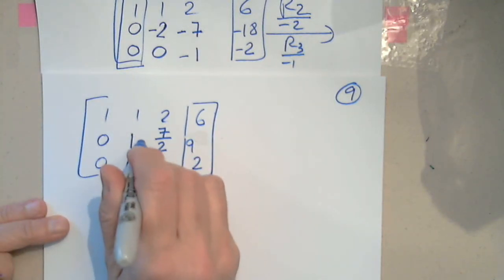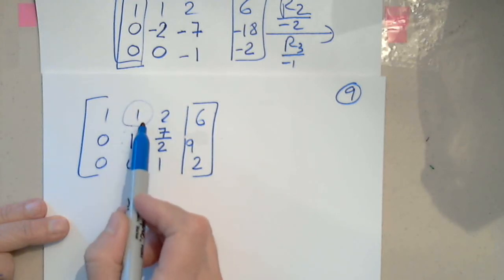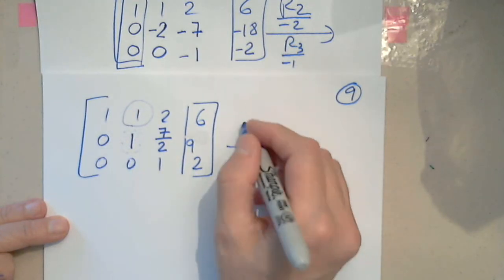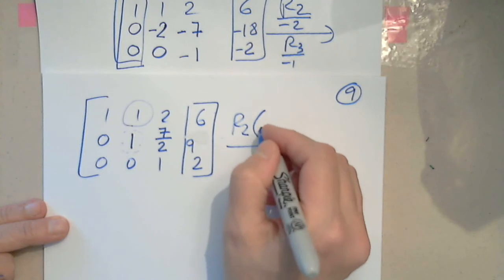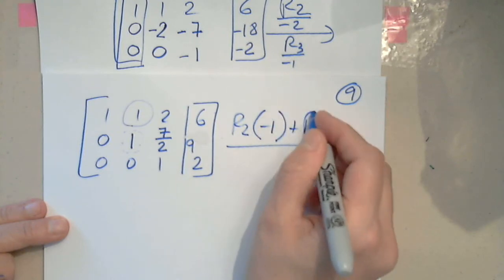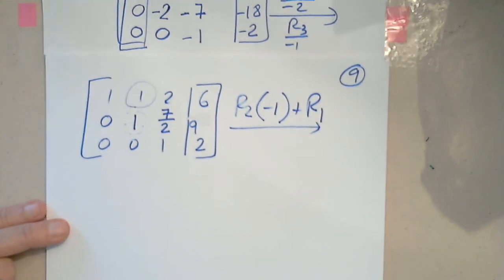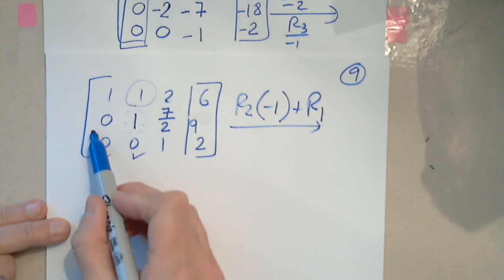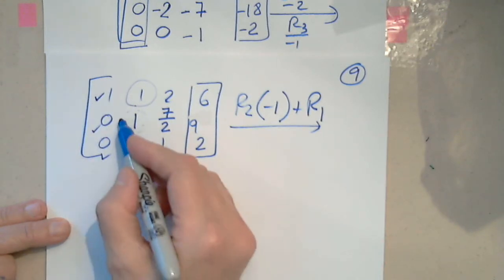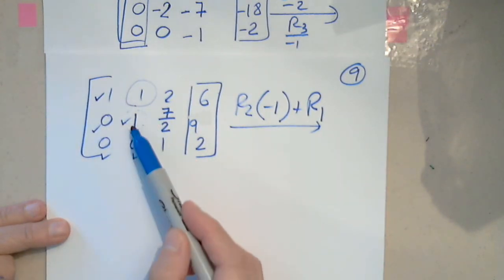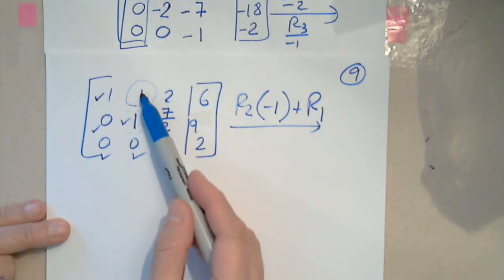Okay, so now this is what we wanted, a 1, but now I have to get the 0 here. So I have to use row 2, multiply it by -1, and add it to row 1. There is nothing I can do here. These are all done. And this is done as well. But I have to multiply this by -1 to eliminate that.